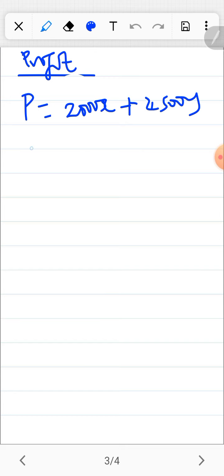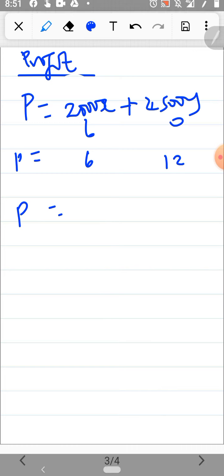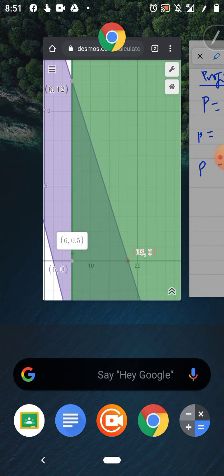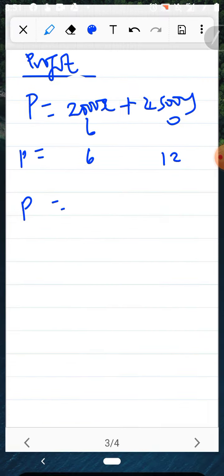So I'll first try the first one. X is 6, y is 0. Definitely is not going to give me the biggest answer. I can also try 6, 12, and I'll check 2000 times 6, 2500 times 12. Does it give me a better profit than the other last one, which was 18,0?